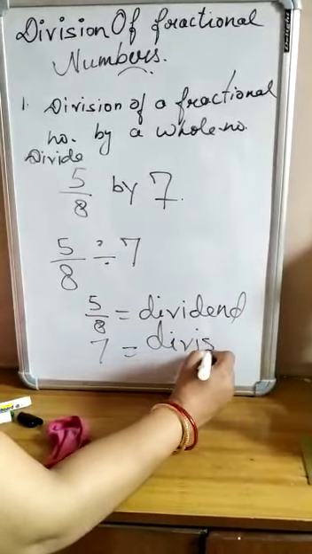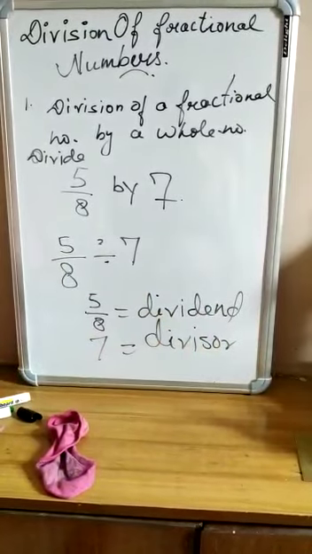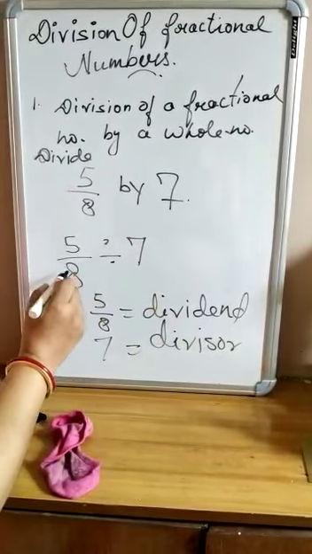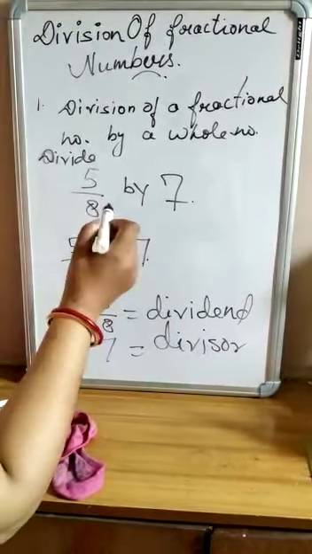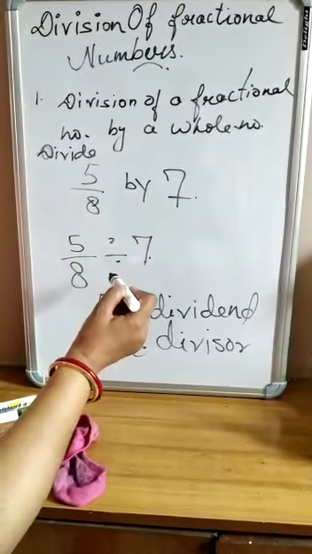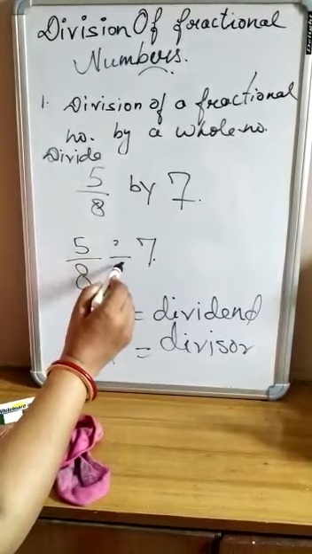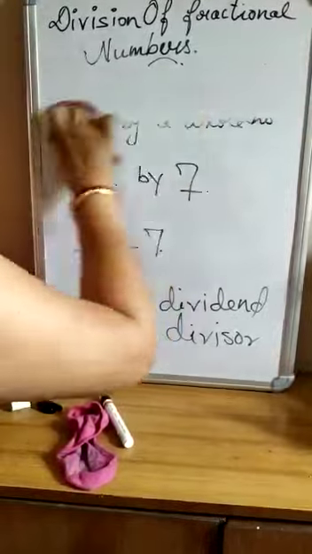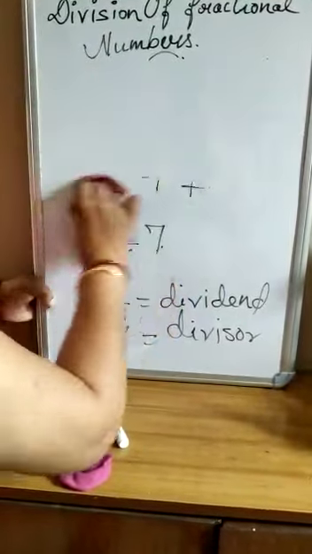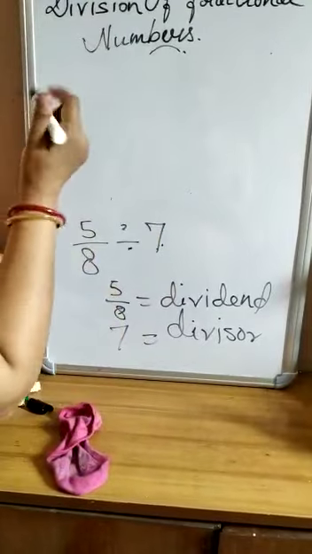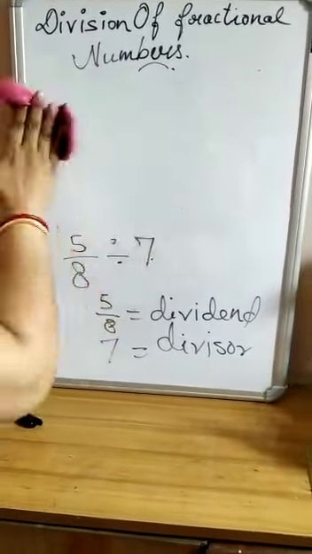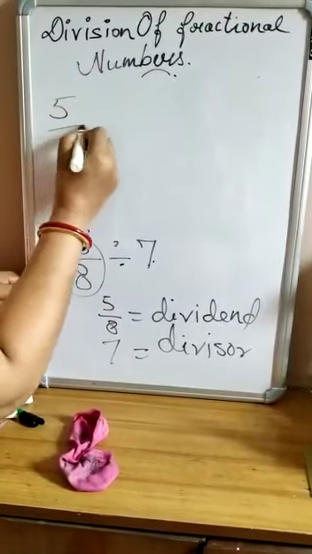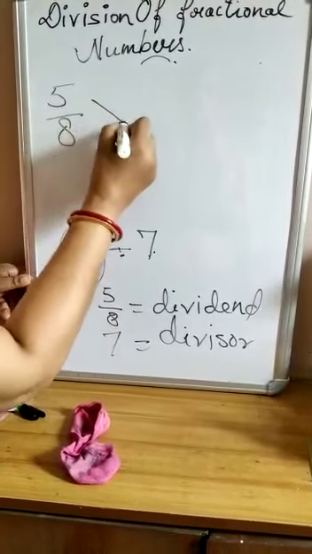Correct? Now, what you have to do in order to divide 5 by 8 by 7? Here 5 by 8 is the dividend and 7 is the divisor. So, when we are dividing, we have to change this sign of division to multiplication. I will write 5 by 8, and I will change the sign of division to multiplication.